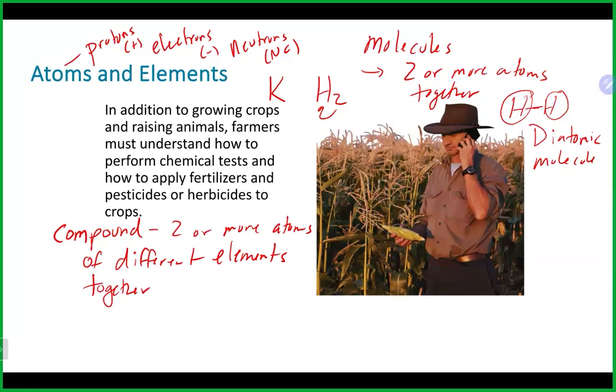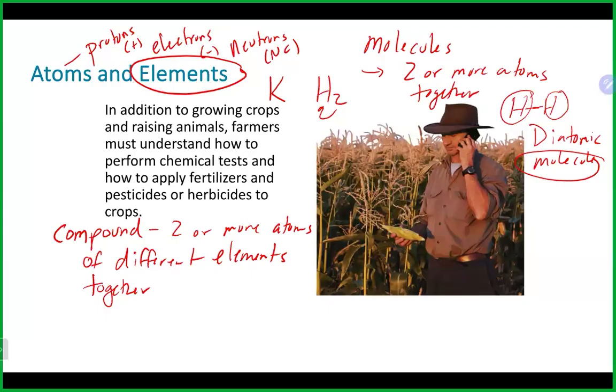In the case of hydrogen, it is an element, and it also is a molecule because it meets the definition of a molecule: it has 2 or more atoms together. Now, when we think about hydrogen H2, it is not a compound, because the only atoms in hydrogen are hydrogen atoms. It's the same element, so it is not a compound.